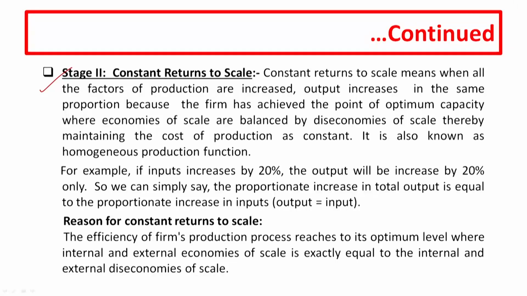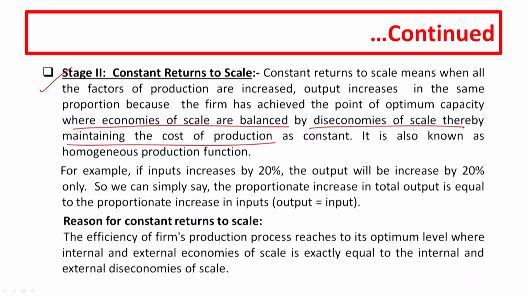Why constant return to scale? Because your economies become equal to your diseconomies. A time will come when you are producing more and more goods, whatever was the benefit, whatever was the economies, that is going to be balanced by the diseconomies and your return will be constant.